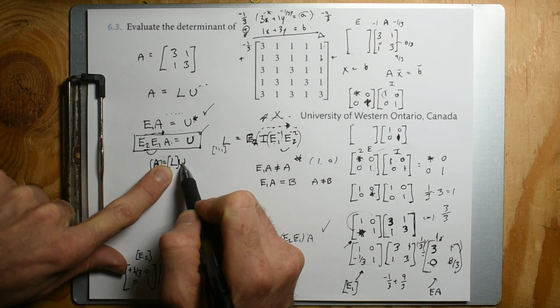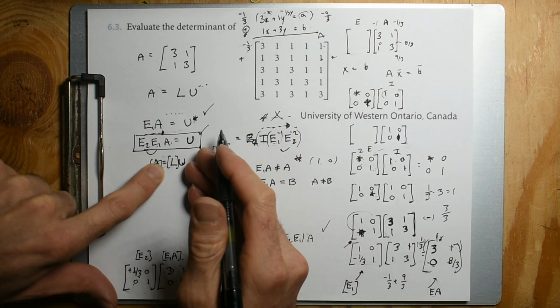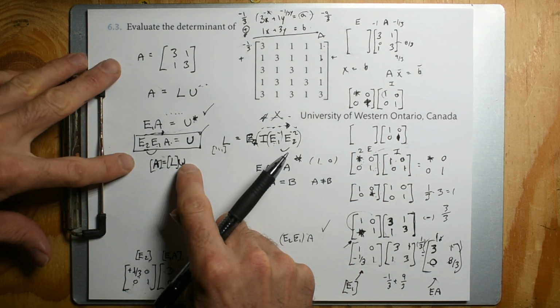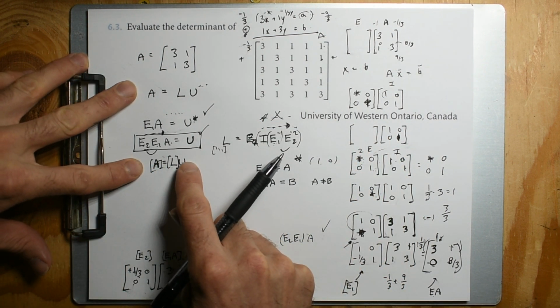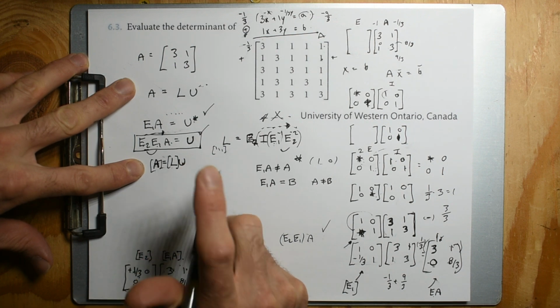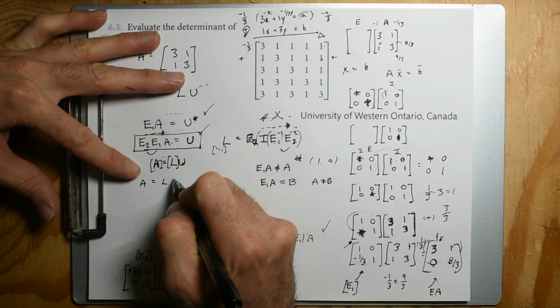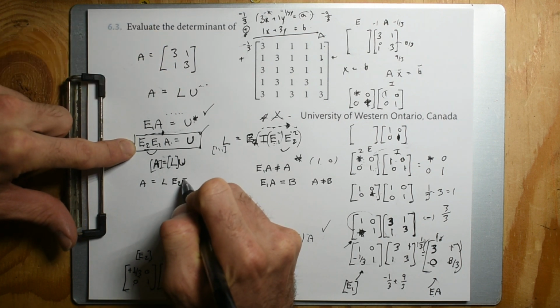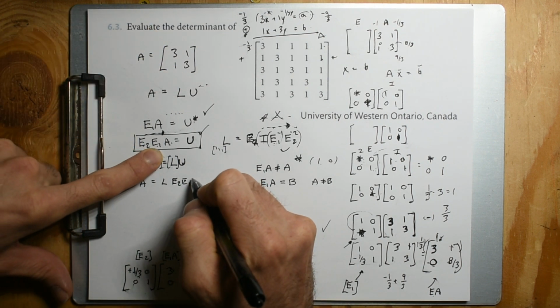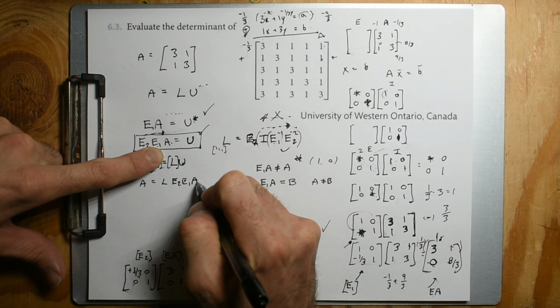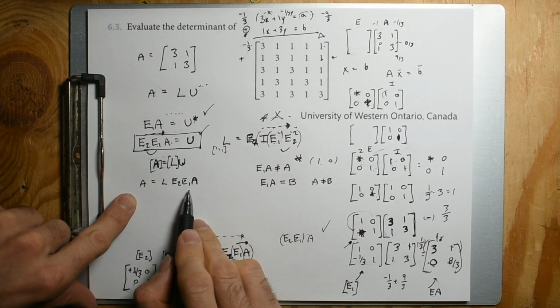Hell yeah. But I forget how this proof rolls. So you could do that, but yeah, let's try that. A is going to be the lower, and then we have E2, E1, A. So now we have that.